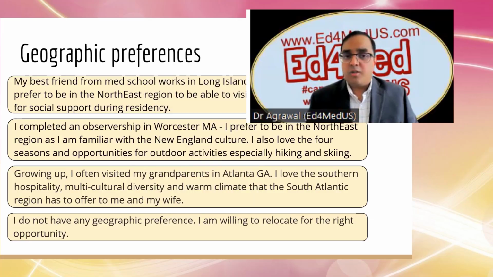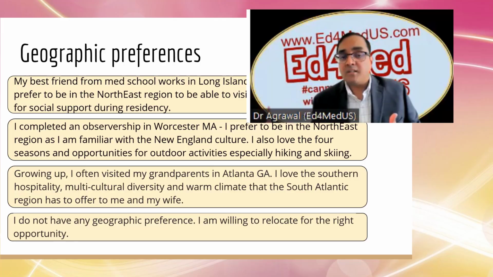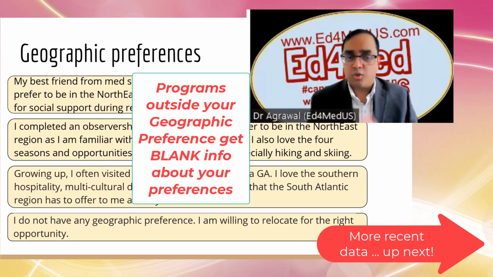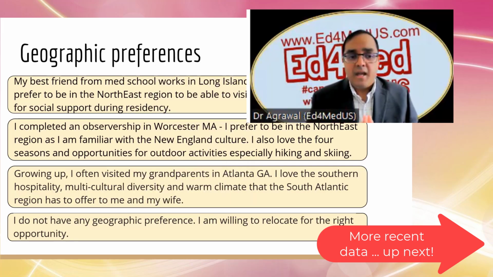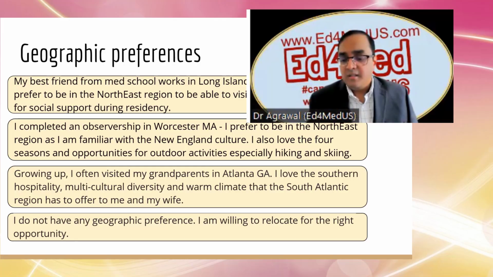If you choose, I do not have geographic preference, it's not the end of the world, but at least from the data that we have seen, if you have a geographic preference, the worst thing that's going to happen is a program that's outside the preference region is not going to get any information at all. They're not going to find out anything bad about your choices, about your preferences. And giving the geographic preferences and applying to programs in that region, at least from the data that we're seeing, you do have an increased chance of getting an invite.